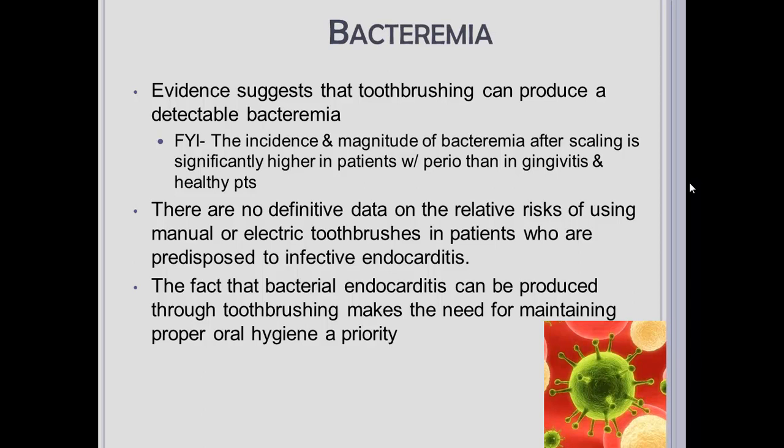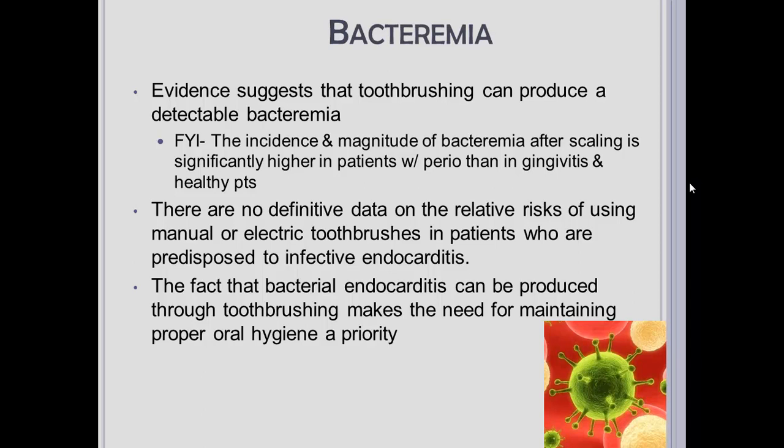Now, definitely the incidence and magnitude of a bacteremia after scaling is higher in patients with perio, okay, than healthier patients. There's no definitive data on the relative risks of using manual or electric toothbrushes in patients who are predisposed to infective endocarditis.